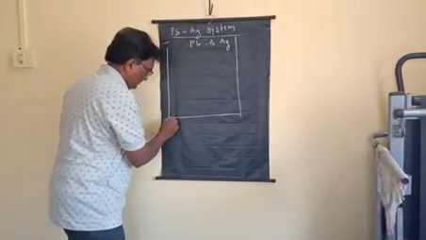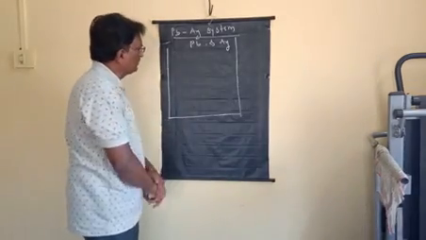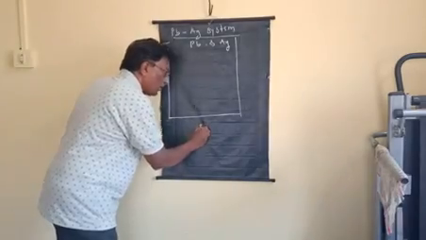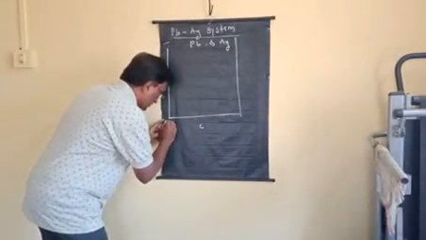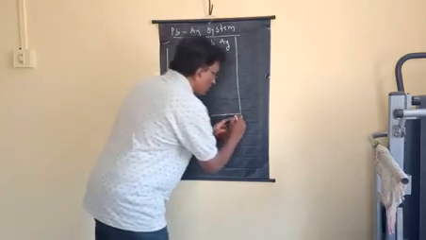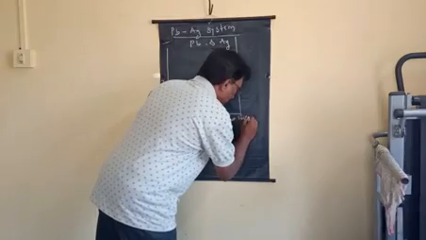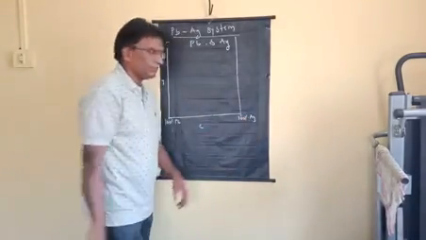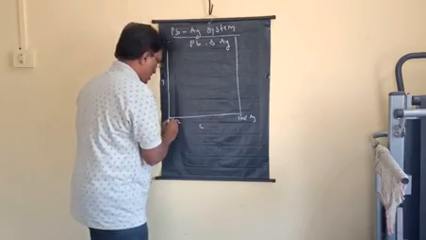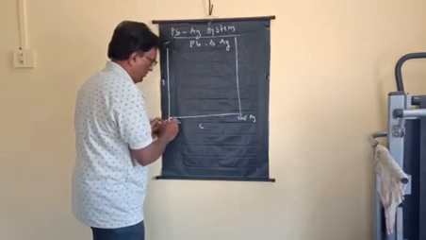Let us see this diagram, the temperature composition diagram. Here 100% Pb and here 100% Ag. Now this is pure component Pb.